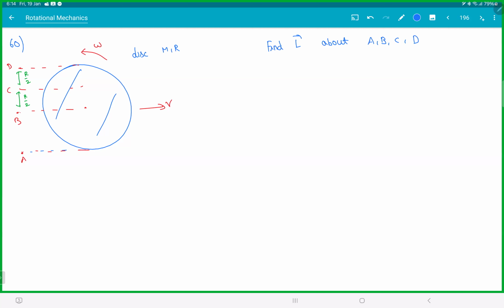We have a disk going with V and omega. Find the angular momentum about these 4 points. This is translation plus rotation.